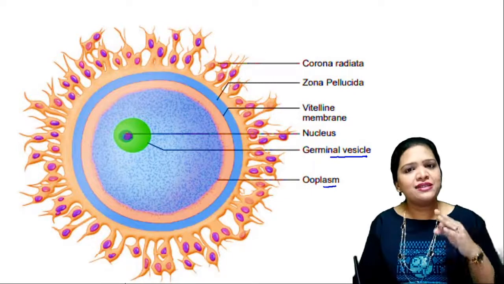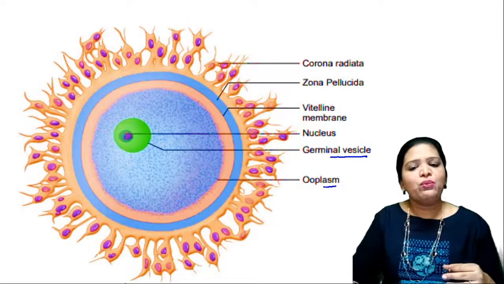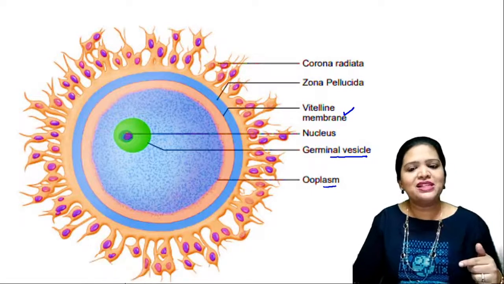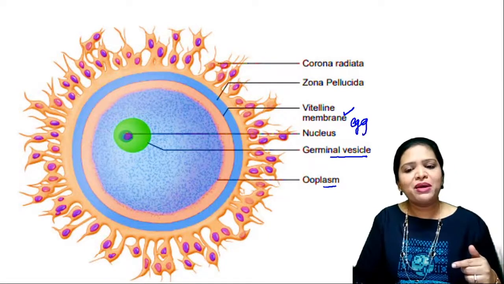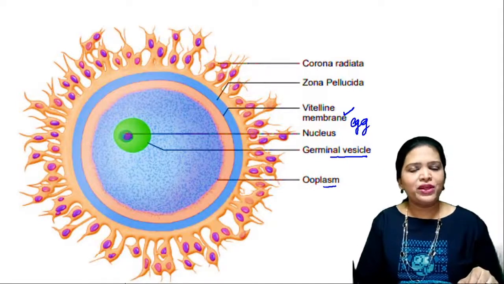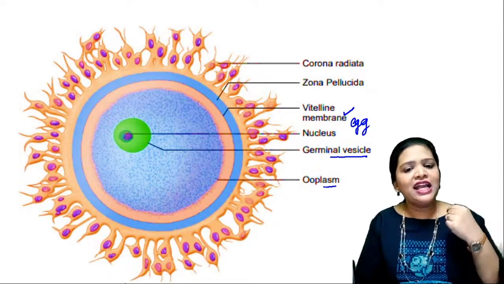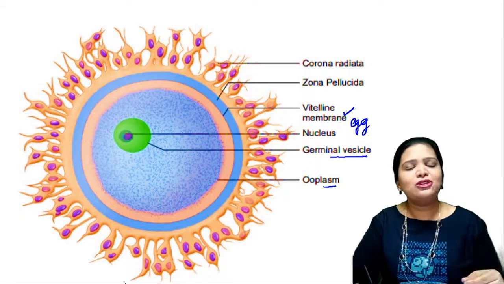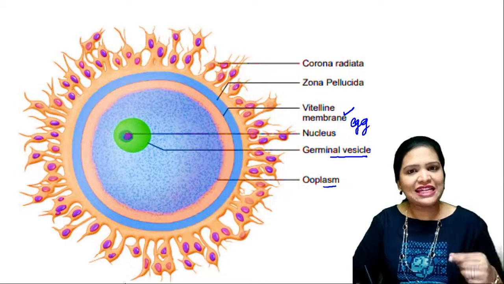And the egg has three membrane coverings. A very thin membrane called vitelline membrane surrounding the cytoplasm. This is also called egg membrane, and this membrane is produced by the egg cell itself. And the next covering is a very thick covering called zona pellucida. This is an acellular covering, glycoproteinaceous in nature.